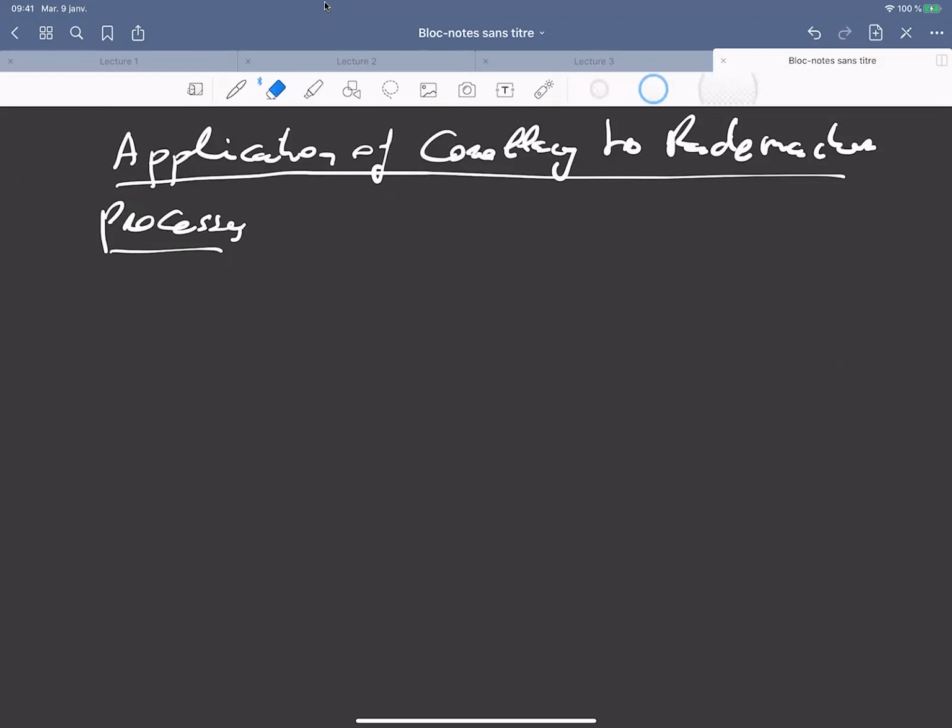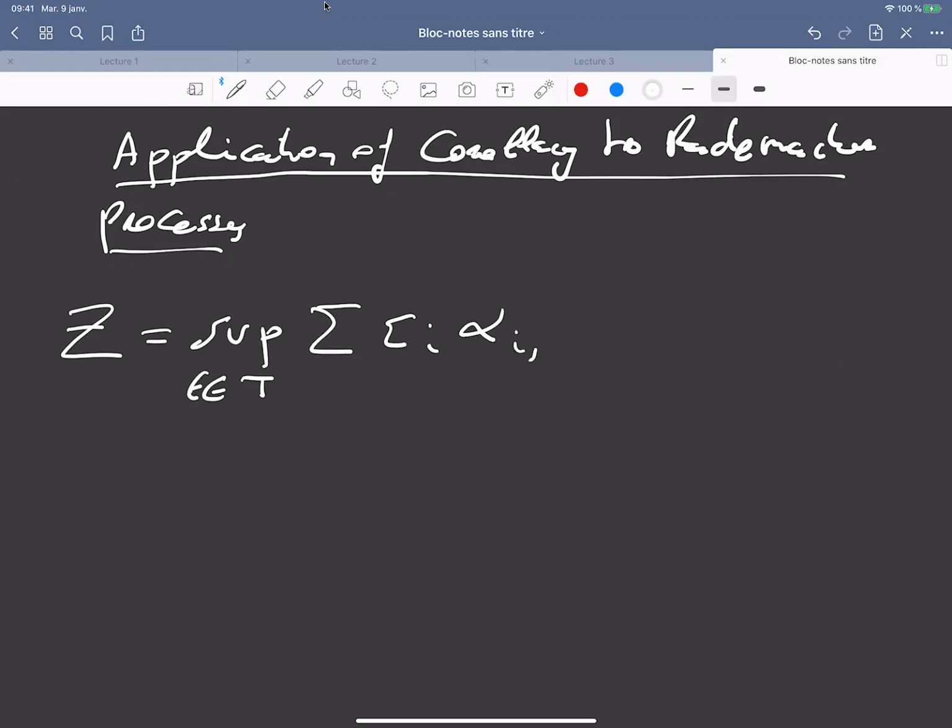We just look at Z, which is equal to the sup over t belonging to capital T of the sum of epsilon_i alpha_{i,t}. Remember that T is finite here. We just say that it is equal to the sum of epsilon_i alpha_{i,t*}, for a t* which of course depends on the random signs.